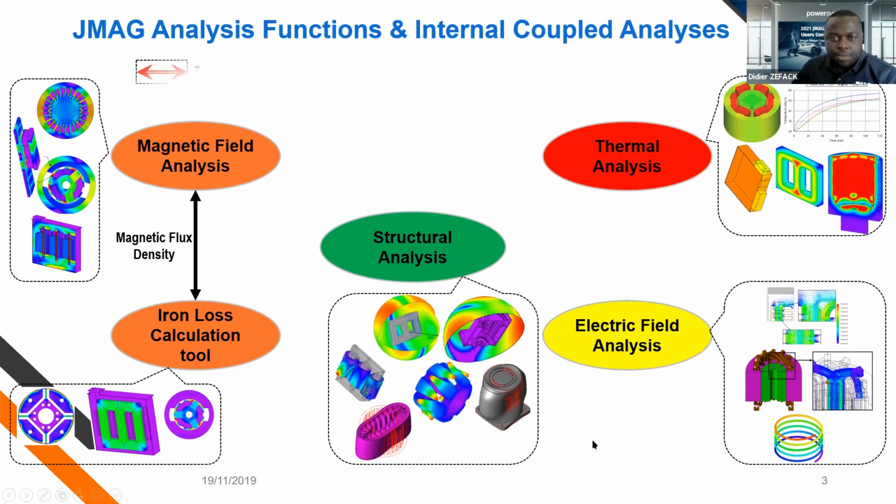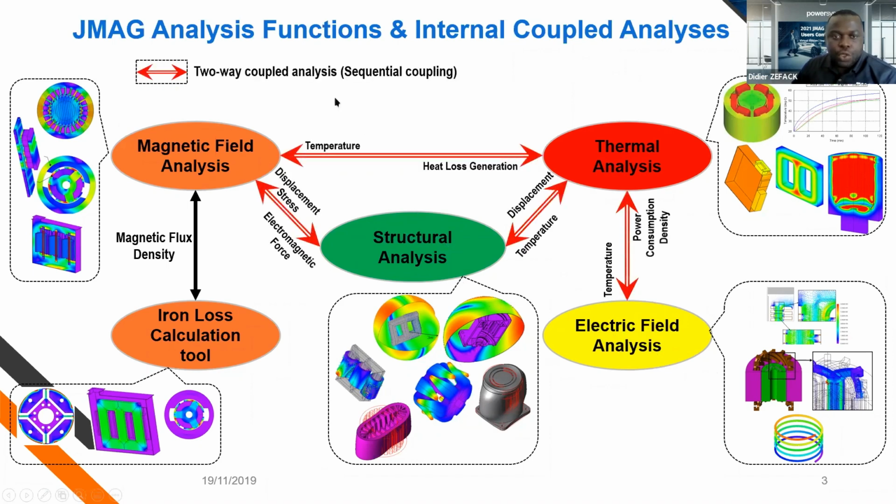So with the old version, you are able to make a two-way coupling by combining 2 analyses. For example, the magnetic and the thermal. In the magnetic, you calculate the loss, you send the loss to the thermal, where you will evaluate the temperature, then you send back the temperature to the magnetic, and you can make the loop. So here you have the different two-way couplings that we can build inside GEMAG.